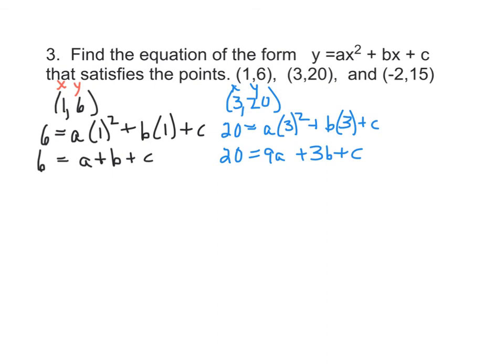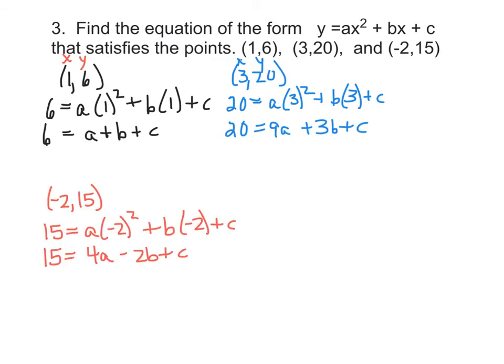Pause the video for a minute and come back and check your third equation with mine. Welcome back. Did you get the equation 15 equals 4a minus 2b plus c? If you didn't, check your work. I'm going to go to a clean slide so that we can now solve this system of 3 equations with 3 unknowns, a, b, and c.